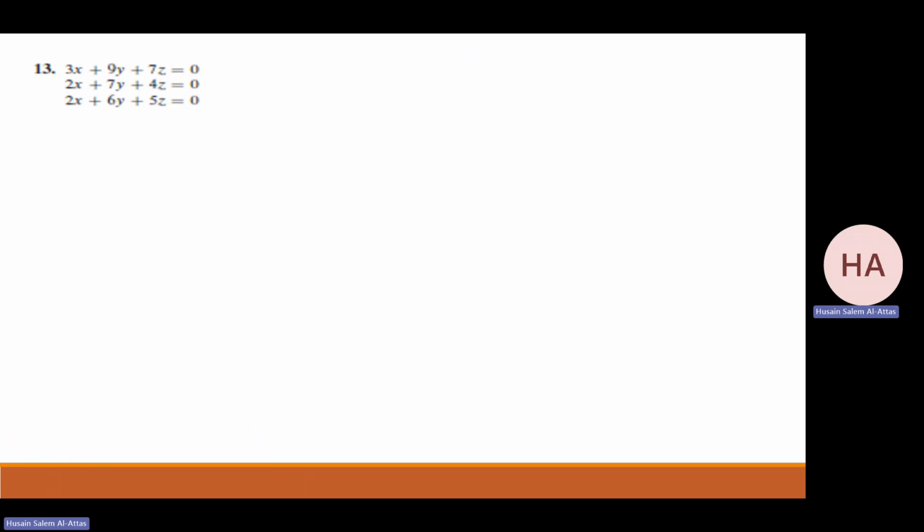But one trick I will do, I will make the second equation the first equation, and I will tell you why. So I will do the fraction only for one variable.